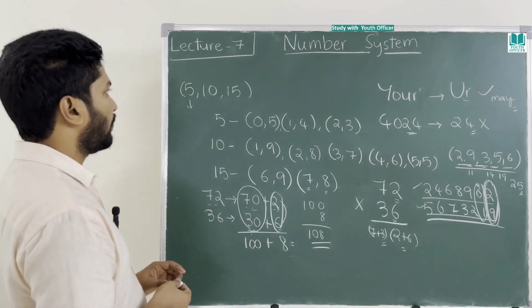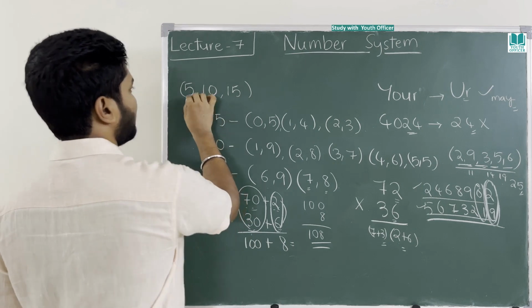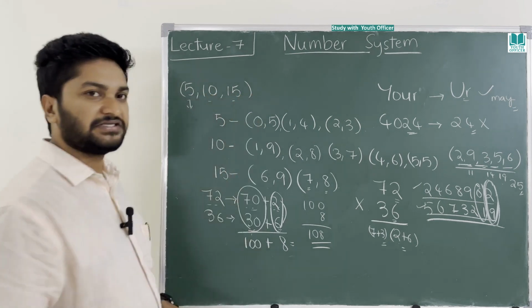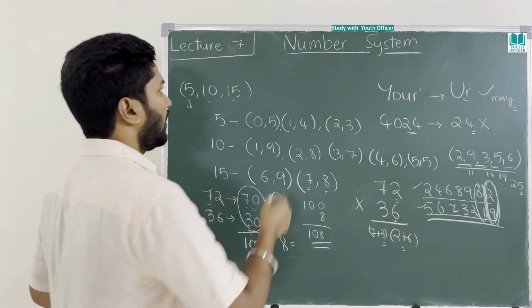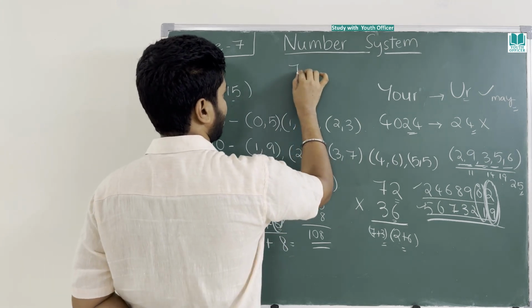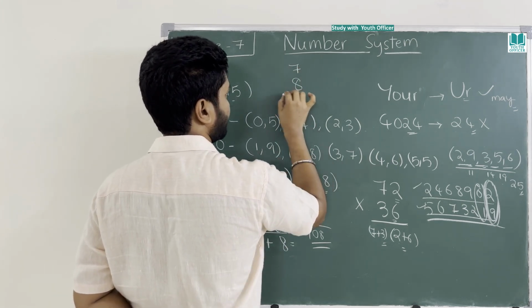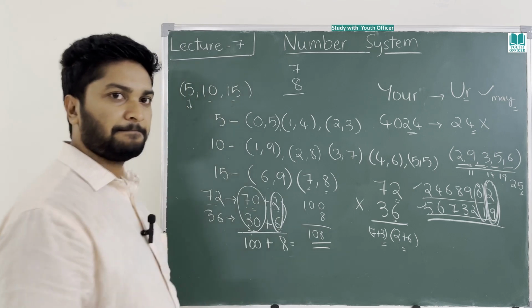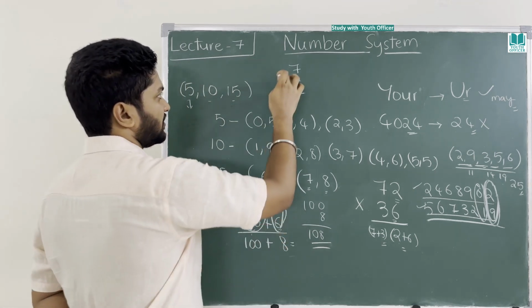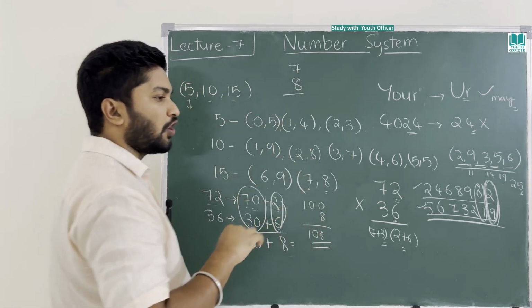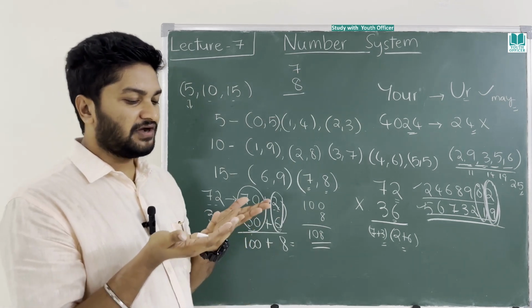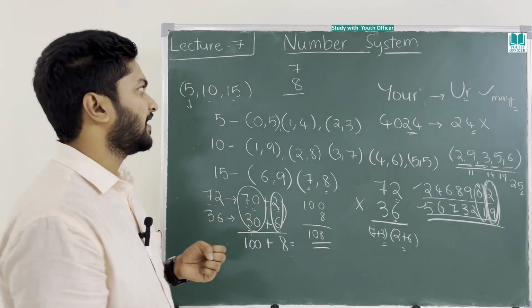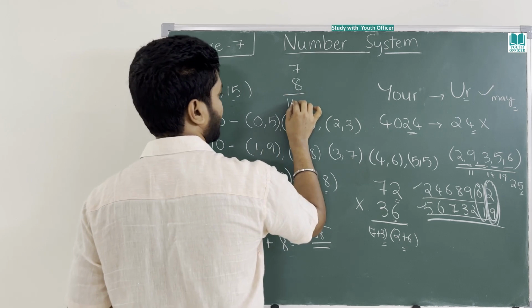Okay, why do we have to learn 5, 10, 15 combinations? If I take an example 7, 8, how do you add them? 7 plus 8, you should already know the combinations, or you have to take fingers and count them. Then you will know it is 15.